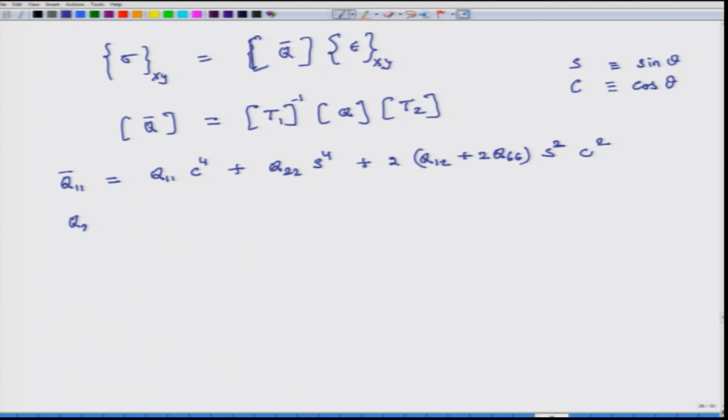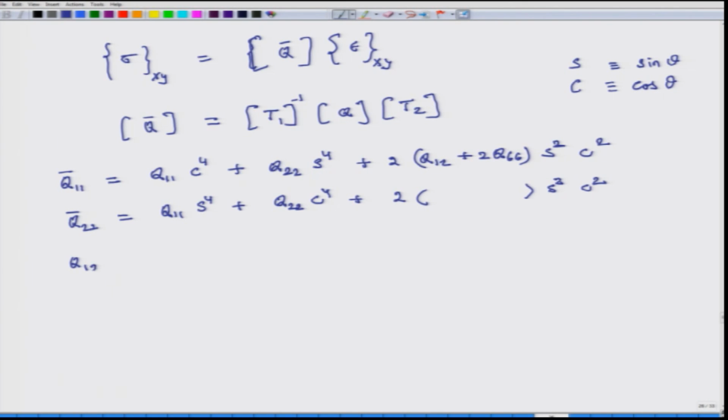Similarly, Q22 bar is equal to Q11 sin 4 theta plus Q22 cosine 4 theta plus 2 times this entire expression times sin square theta cosine square theta.